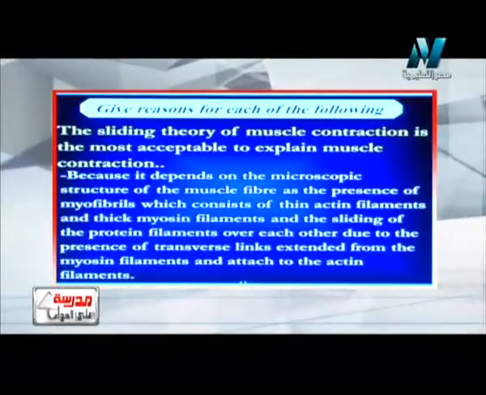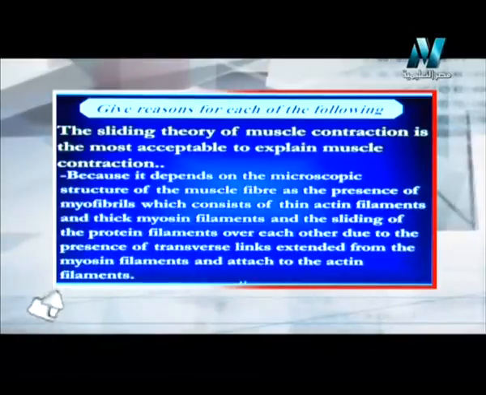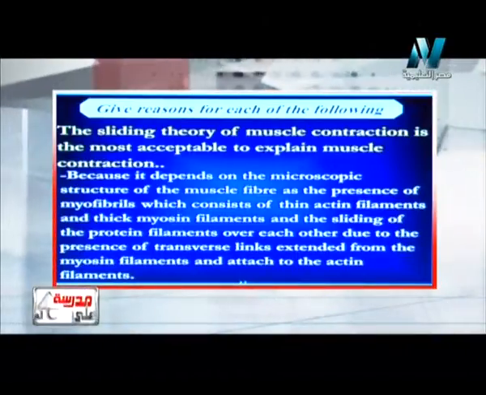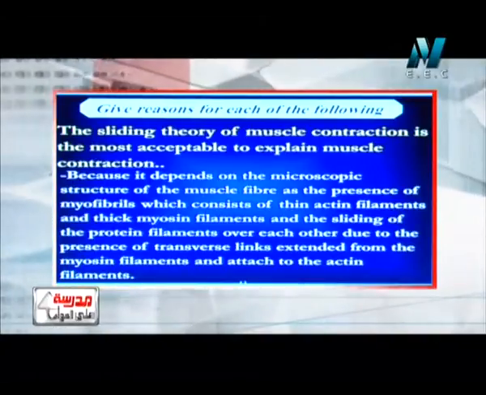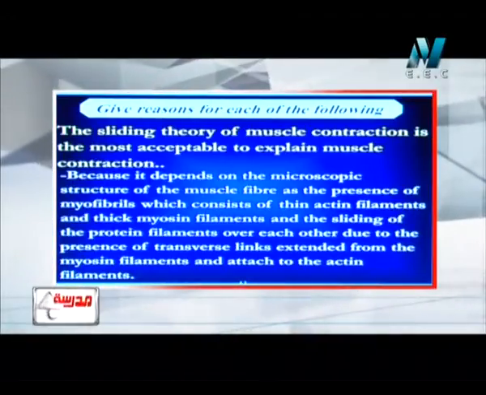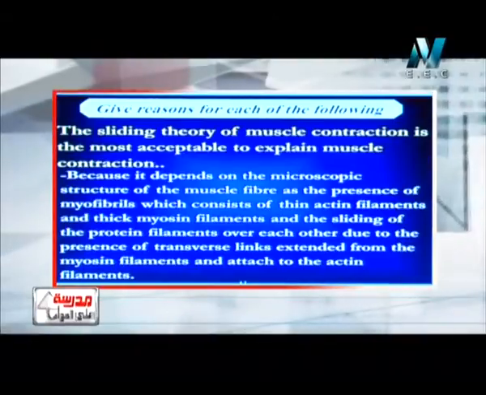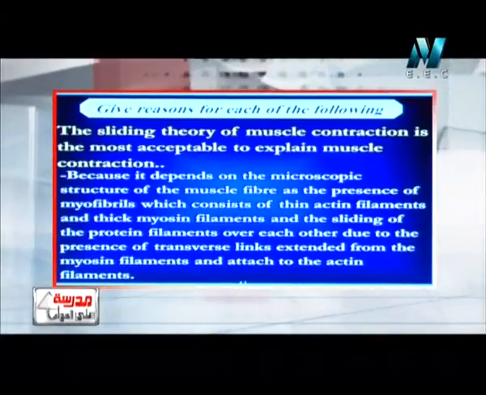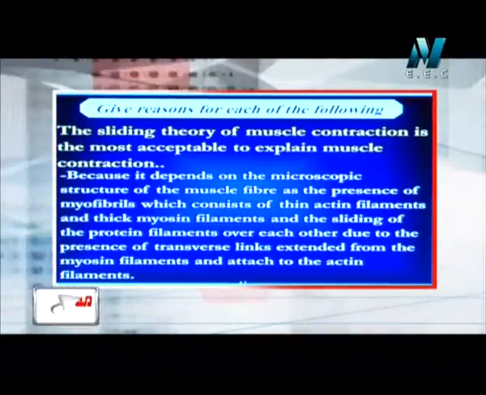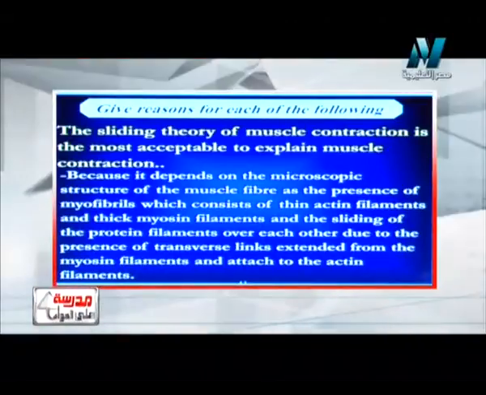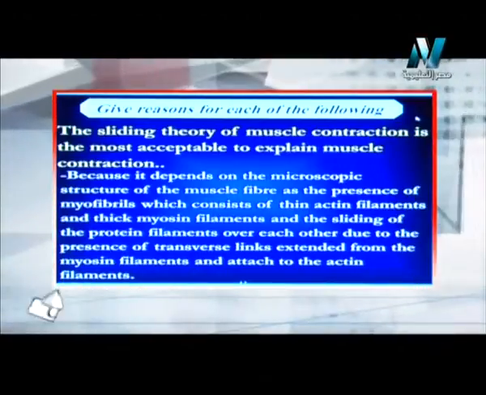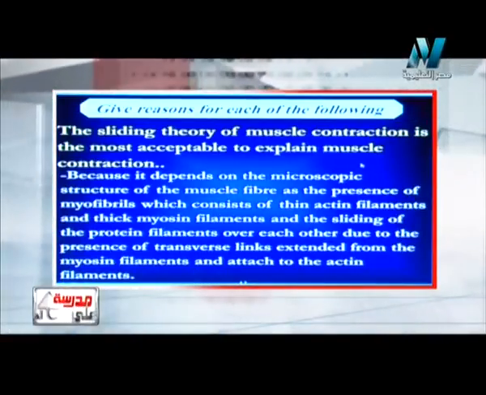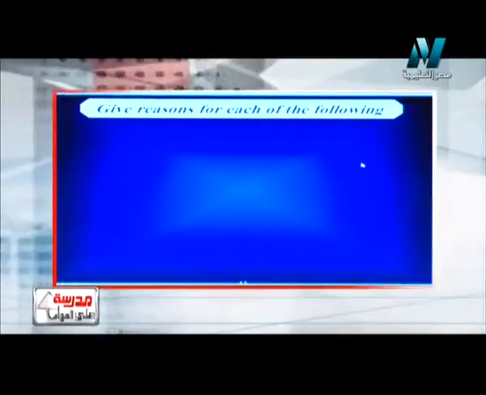So the transverse links that extend from the myosin toward the actin filaments allow the actin to move toward each other and also toward the myosins, which decreases the length of the myofibril and leads to muscle contraction. That's the answer of the give reason. The sliding theory is the most acceptable theory to explain muscle contraction.